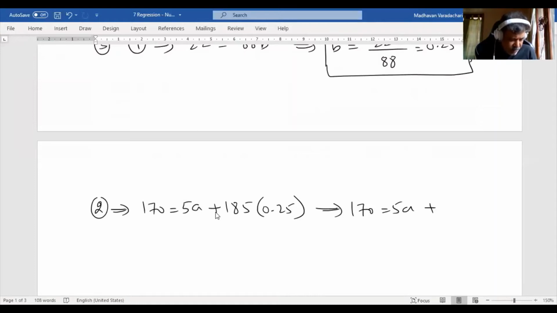We get 46.25, which means 5A equal to 170 minus 46.25.